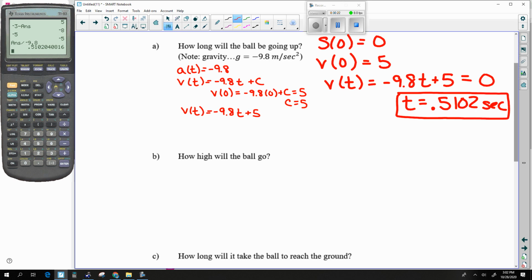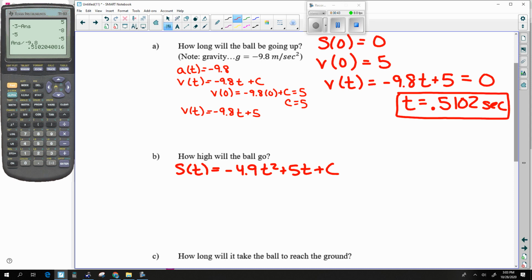From there, the ball is going down. How high will the ball go? That's a position, so I need to work on the position. So I take the antiderivative of velocity.